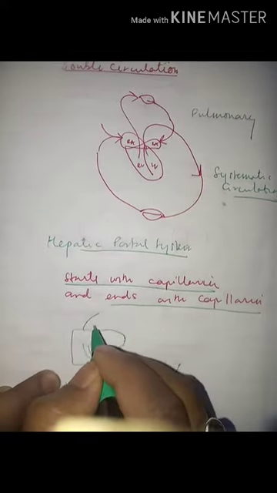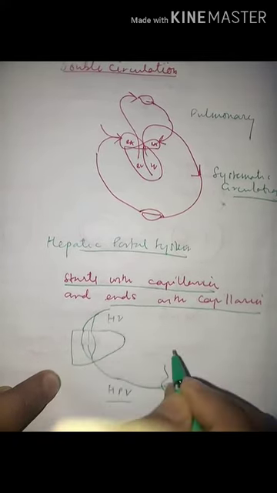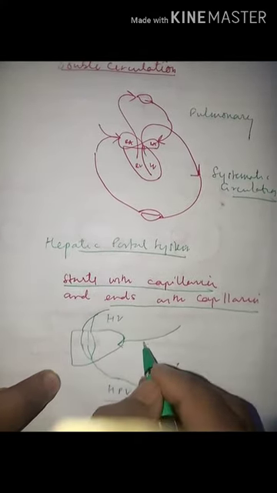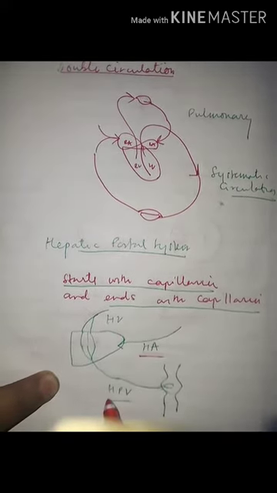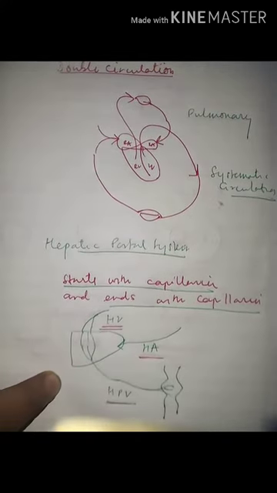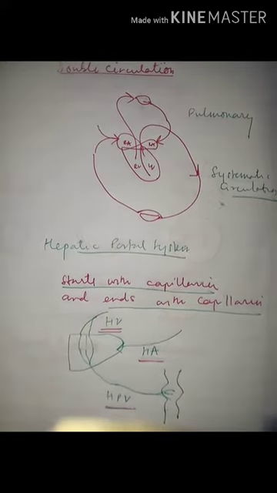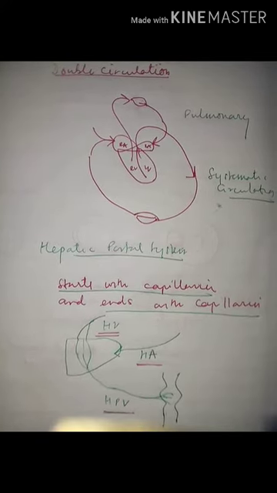The vein that leaves the liver is called the hepatic vein, and the fresh blood vessel that enters the liver is called the hepatic artery. So this is the hepatic artery, this is the hepatic portal vein, and this is the hepatic vein. Here hepatic portal comes from the term porter, meaning carrier of excess amounts of glucose or carbohydrates and proteins to the liver. Clear? So this is called the hepatic portal system.